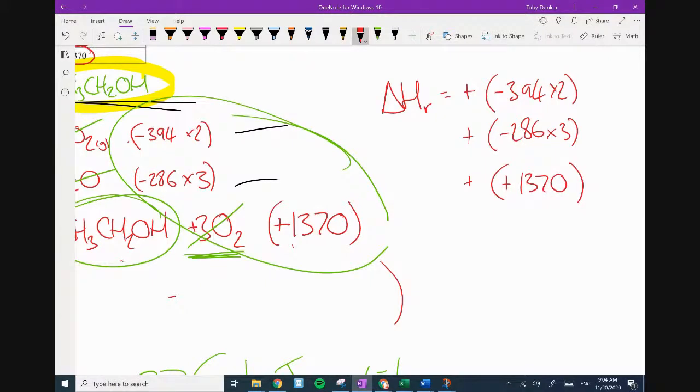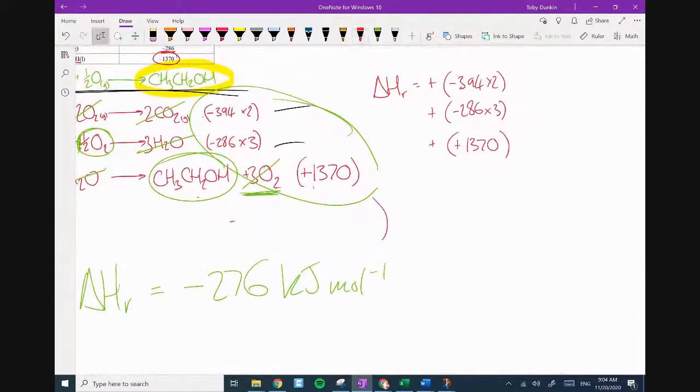And if I literally type that into my calculator in that line, plus brackets minus 394 times 2, close brackets, plus brackets minus 286 times 3, close brackets, plus 1370, close brackets. And I get exactly the same answer as that.